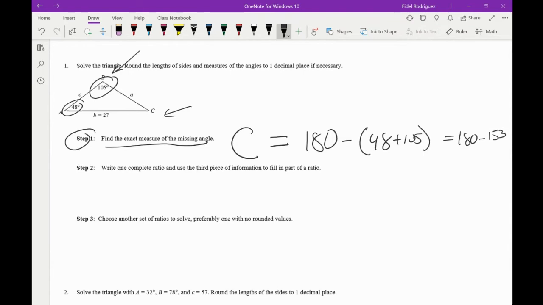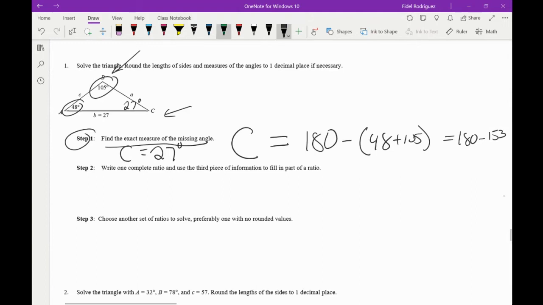And so 180 minus 153 should be something like 27 degrees. Okay, so we found angle C to be 27 degrees. So now that we have that, I'm going to go ahead and write that in right here, y'all. That's 27 degrees.